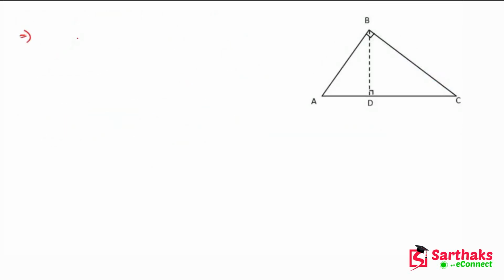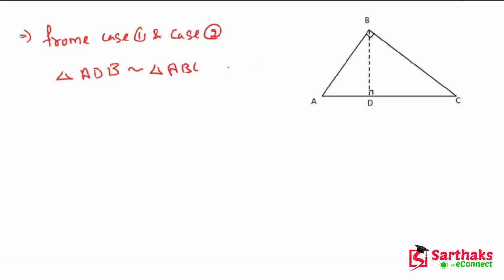So from case 1 and case 2, we can say that triangle ADB is similar to triangle ABC, and triangle BDC is similar to triangle ABC.